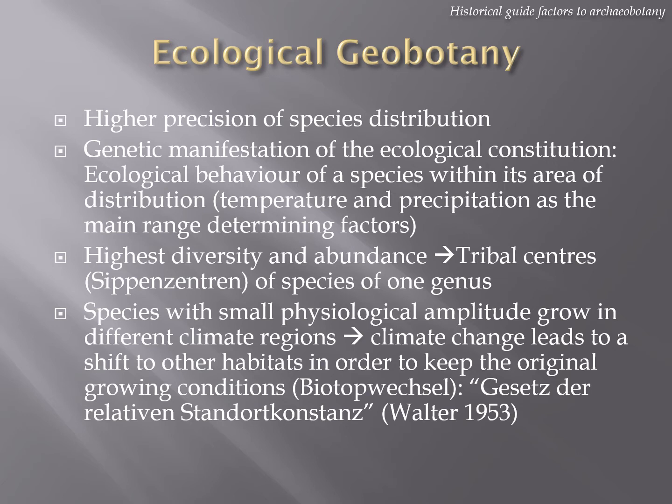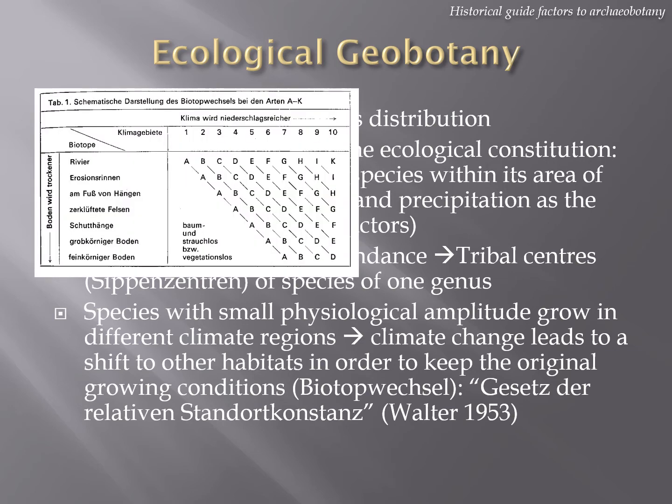In German, Biotopwechsel. This fact has been defined as the law of relative habitat constancy, or in German, Gesetz der relativen Standortkonstanz nach Walter, which means that climate change leads to a shift to other habitats in order to keep the original growing conditions.